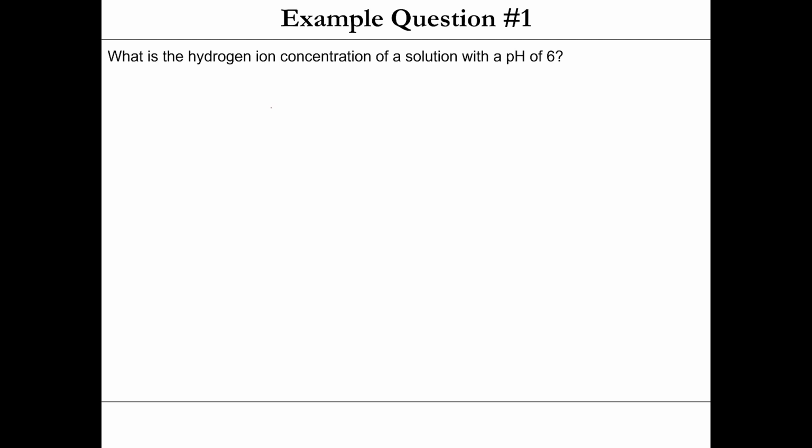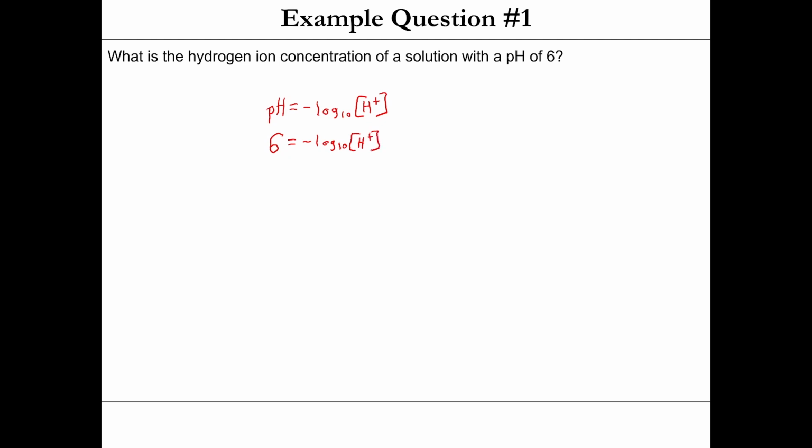The equation that we would need to use is our equation number 1, which would be pH equals the negative log base 10 of the proton concentration. Now, we already know that the pH is 6, so we can enter that into our equation. So 6 equals the negative log base 10 of the proton concentration.